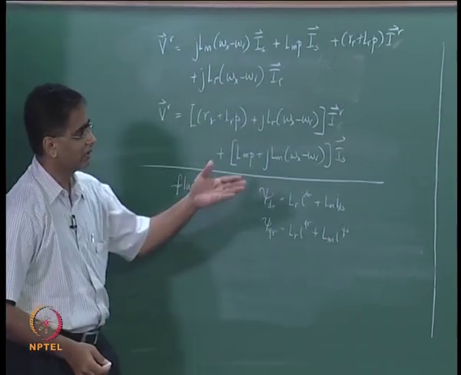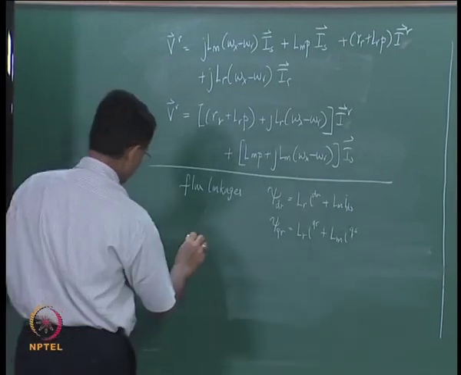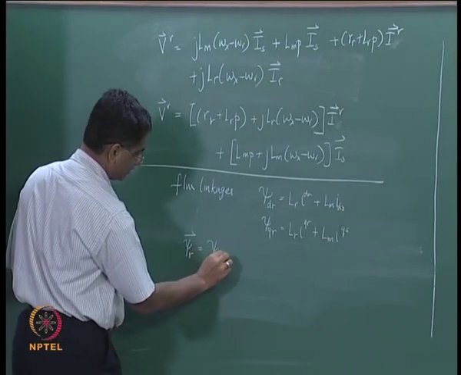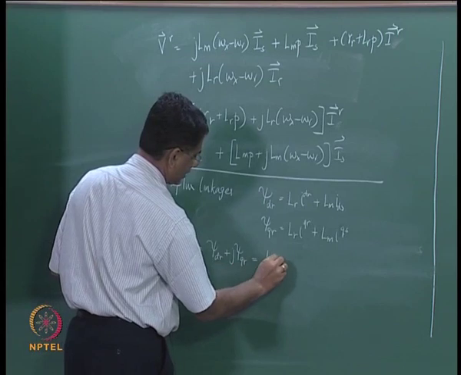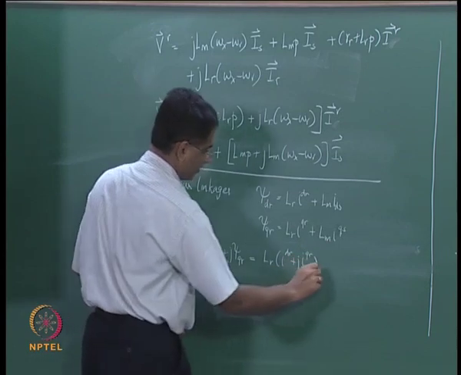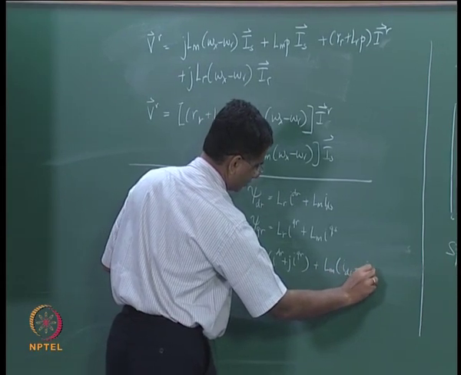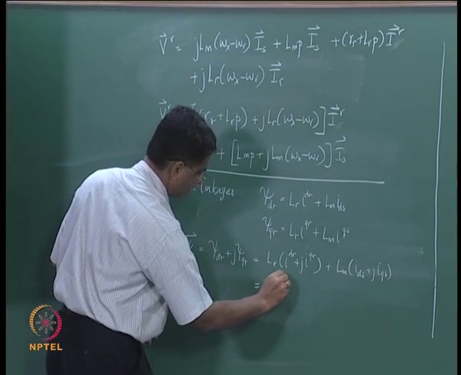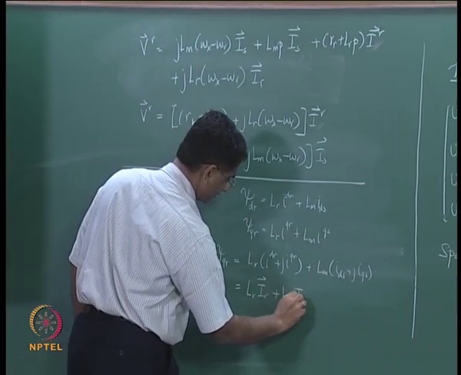Now one can, just like we had Vds plus J Vqs represent the space phasor of the voltages, define the space phasor of the rotor flux vector to be psi dr plus j times psi qr, which is nothing but Lr into Idr plus j times Iqr plus Lm into Ids plus j times Iqs, which is nothing but Lr into the space phasor of the rotor current plus Lm into the space phasor of the stator current.